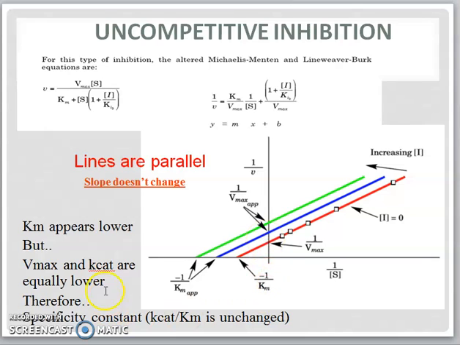Km appears lower, but Vmax and Kcat are equally lower. Therefore, the specificity constant, Kcat over Km, will be unchanged.